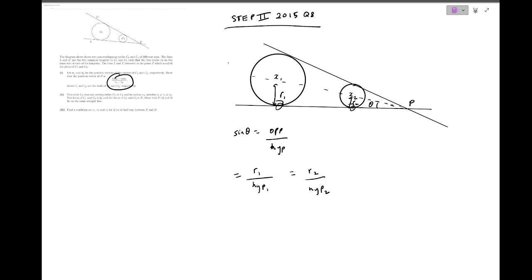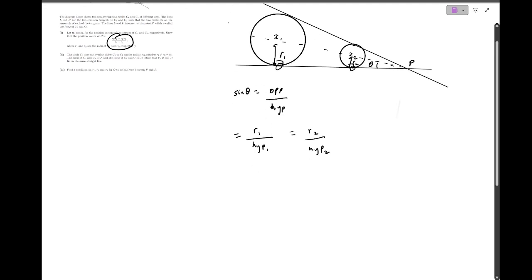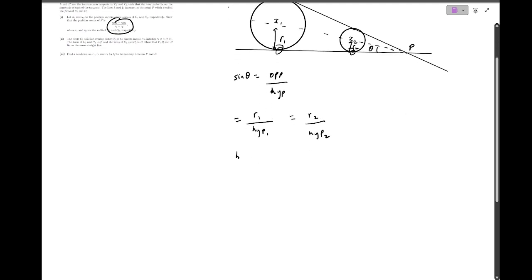Because x1 and x2 are position vectors, the hypotenuses are just x1 minus p and x2 minus p, respectively. If we have two points a and b, which are two position vectors, the vector ab between them is just b minus a.